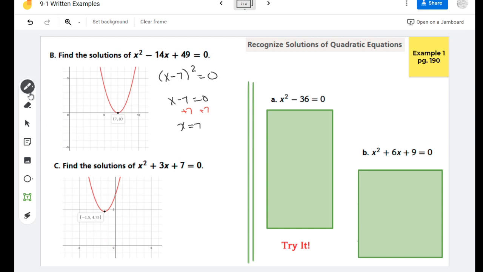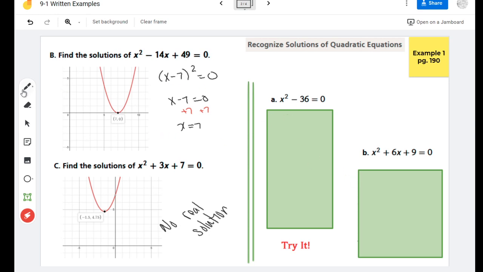So this one, I'm not going to say no solution. I'm going to say no real solution. As you get into Algebra 2, you'll figure out that we have imaginary solutions that result from these parabolas that don't cross. I'm saying no real solution because there aren't any real numbers that it's crossing on.